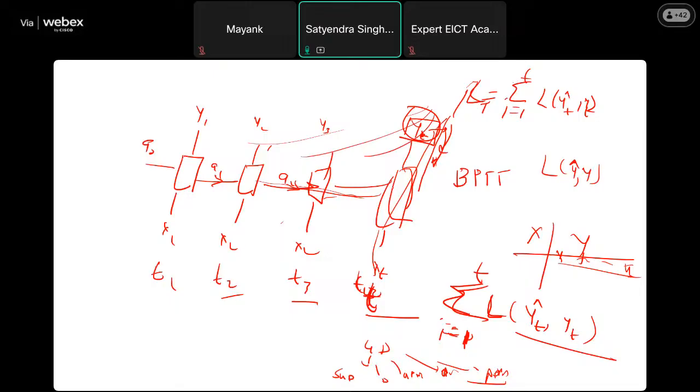So specifically in RNN, this backpropagation is known as backpropagation through time, where you update the weights of each node in the RNN unit.